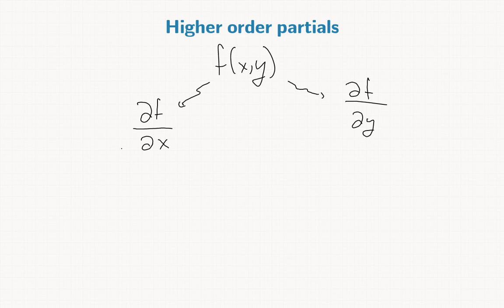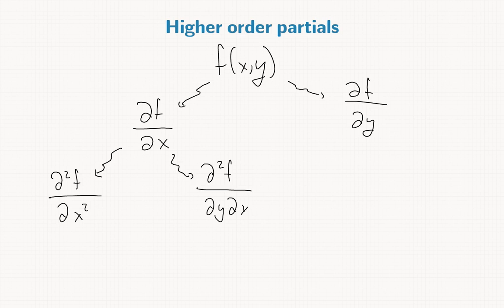So if we differentiate ∂f/∂x with respect to x again, then we get what we'll denote ∂²f/∂x². If we differentiated this, though, with respect to y, then we'd get what we denote ∂²f/∂y∂x.